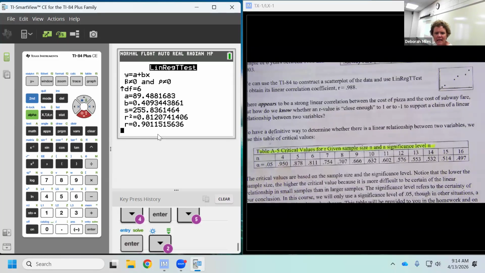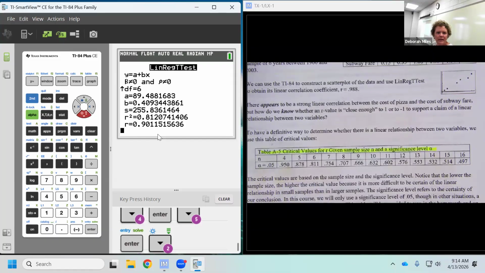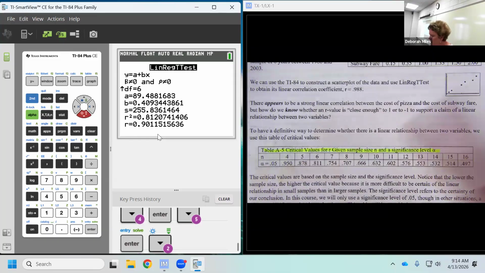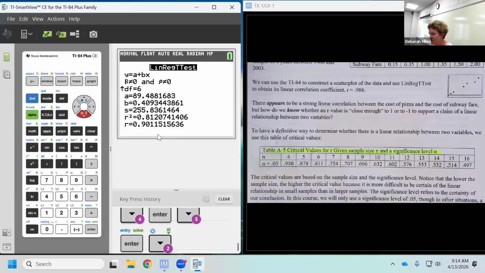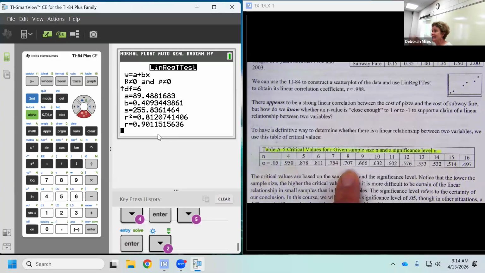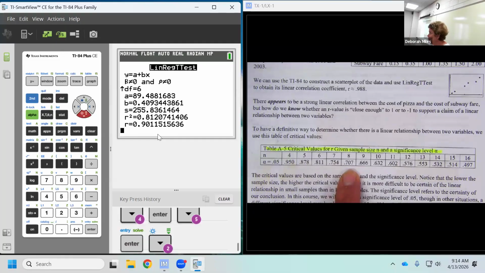All right, so how many data points did we have for that set of data we're working on? 8. So for a sample size of 8 and a significance level of 0.05, what's our critical number? 0.707 from the table. And if you ask me plural, then there's also a negative 0.707.